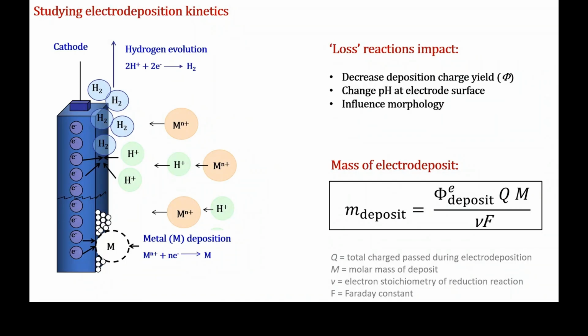So you're passing charge, but only half of it will be effective. You can find out the charge if you measure the mass of the deposit, you know how much charge you passed, and so you can reorganize this equation to calculate the efficiency of deposition, which is really important to know regardless of whether you're recovering nickel or just depositing it.